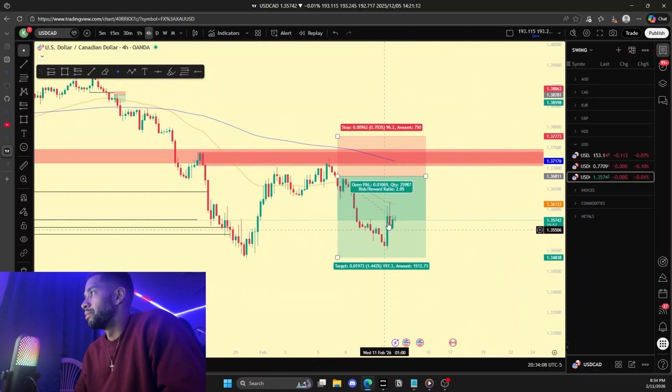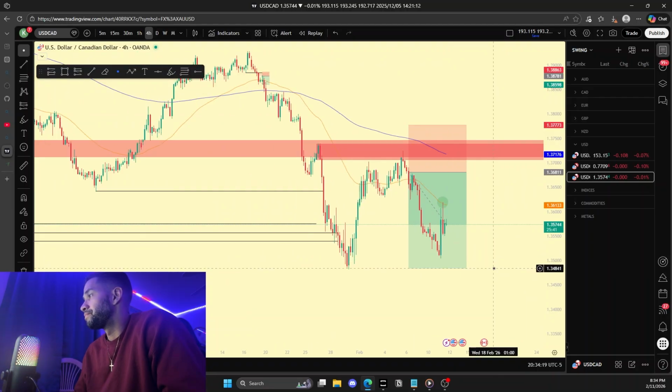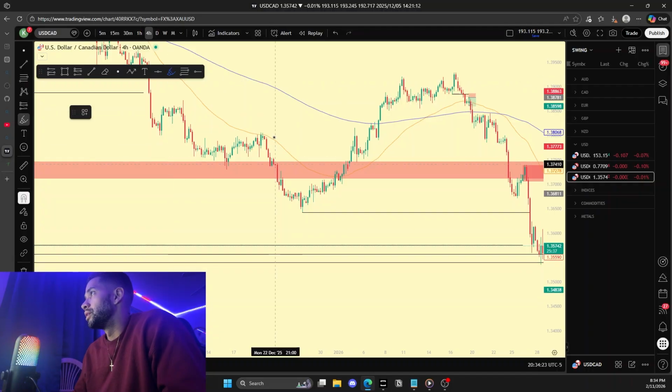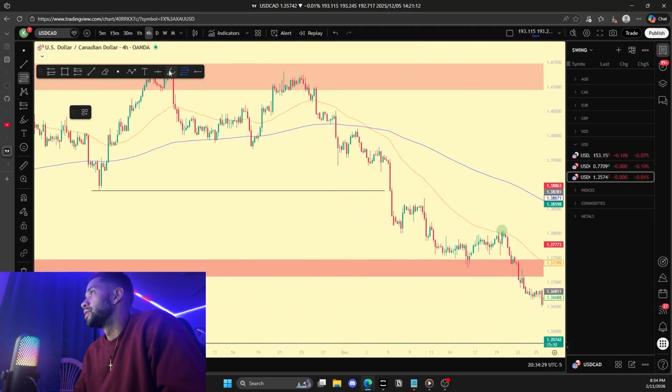So that is why we had a big bullish candle here. But as you can see, we're rejecting off this 50 EMA, which is great for the short that I am in. And if we go back in time, the 50 EMA is playing an important role in how things move. Seems like every time it touches it, it kind of rejects.